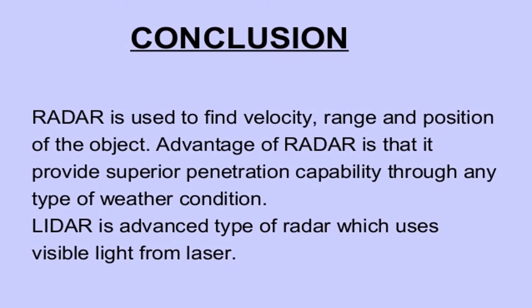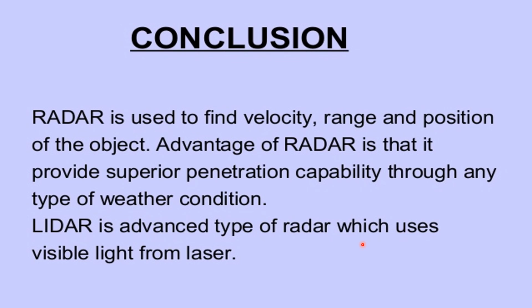So far we have learned about the radar advantages and disadvantages, and we are able to know what actually radar does. Basically, radar is used to find the velocity, range, and position of the target object, and it has superior penetration capability, and it is used for radio remote sensing, as well as for weather monitoring to find the type of weather condition.